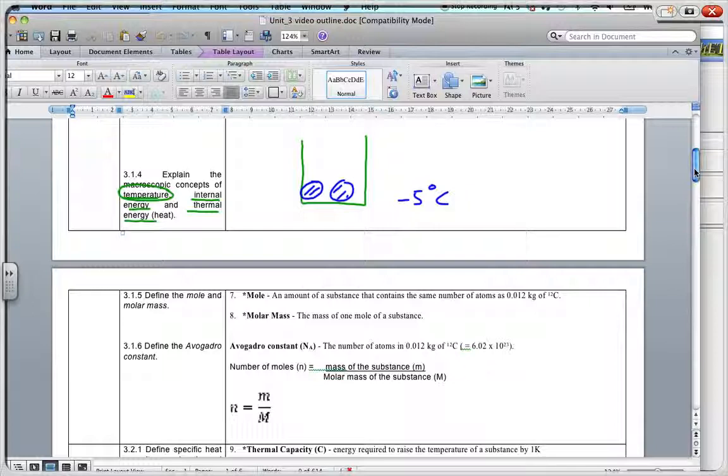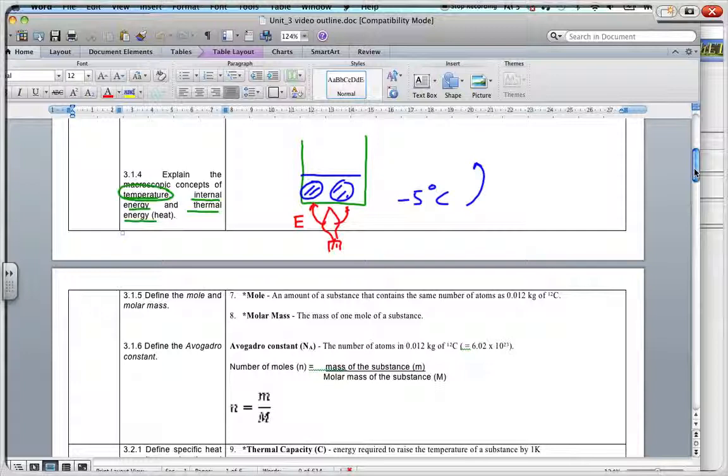As we heat this up, as we put energy into the substance, that may cause these ice blocks to actually melt, to form water. Now there may be a temperature increase, so your temperature is increasing, and therefore the average kinetic energy of the particles is increasing.